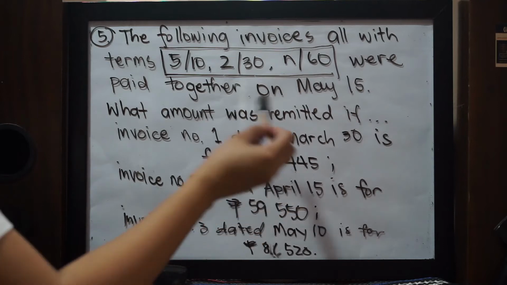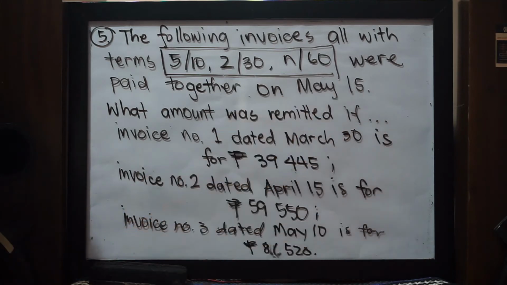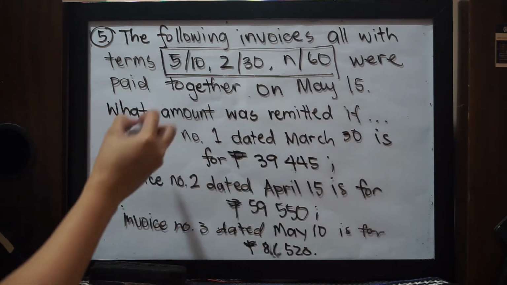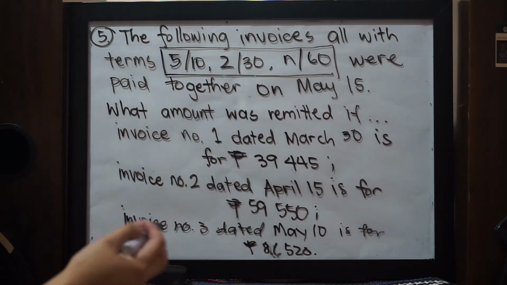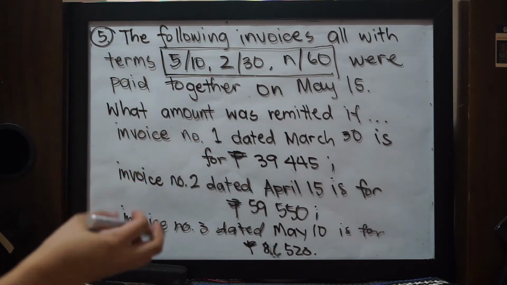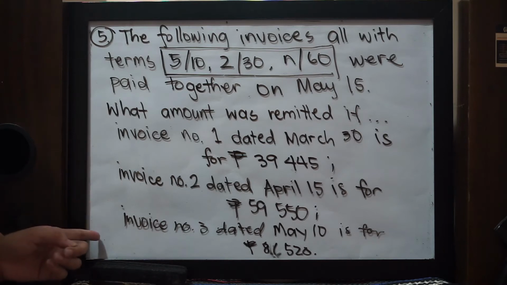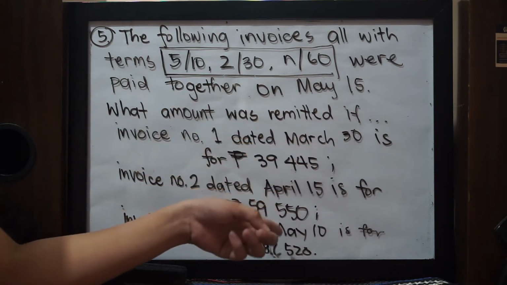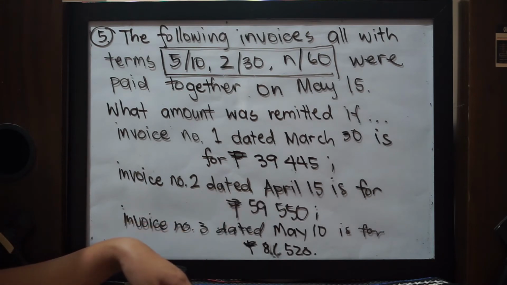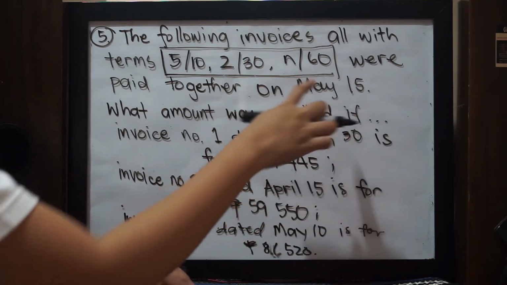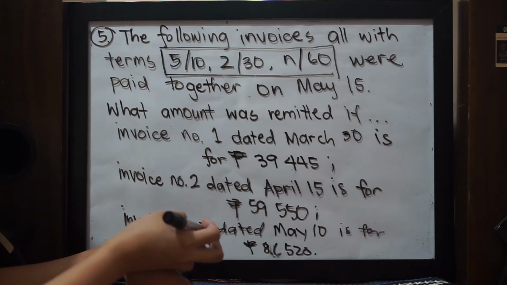So, if this is paid all together on May 15, this problem is the same with problem number 4, wherein we have 3 scenarios, or we have 3 invoices, and then we have different invoice dates. But altogether, they will be paid on May 15.